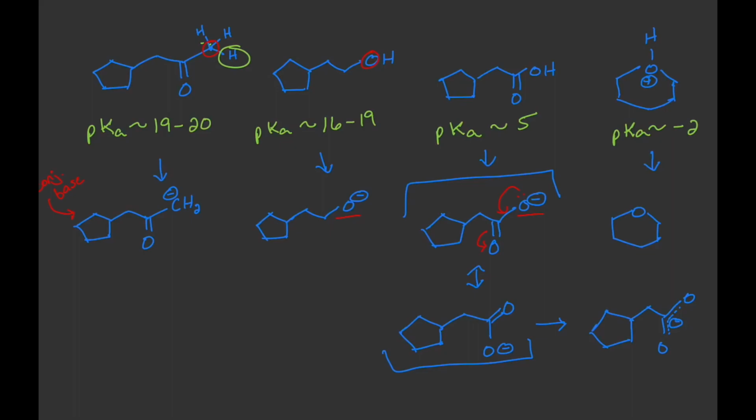And then lastly, to rank these compounds in order of acidity, if we call this 1, we'll call this 2, 3, and 4, we will see them in exactly that order. So 1 is less acidic than 2, less acidic than 3, less acidic than 4. So, increasing acidity.